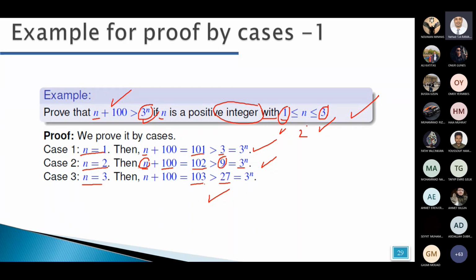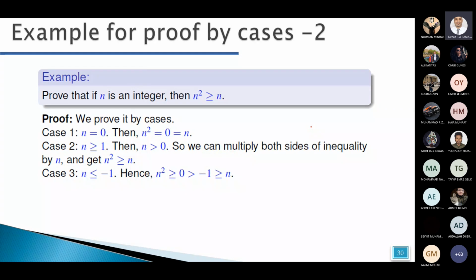Here, as you can see, we have specific cases, but in some examples we have a range, but we still have specific cases. Look here, it proves that if n is an integer, then n to power 2 is more than or equal n. Okay, what cases do we have?